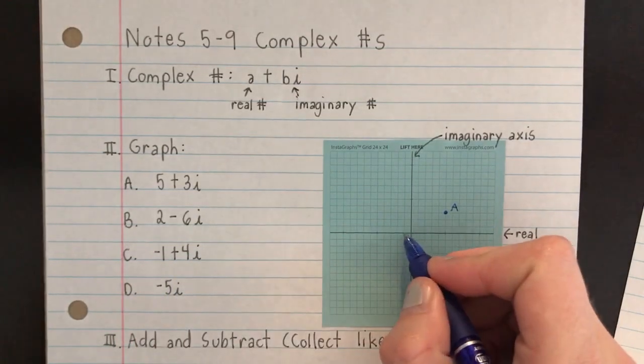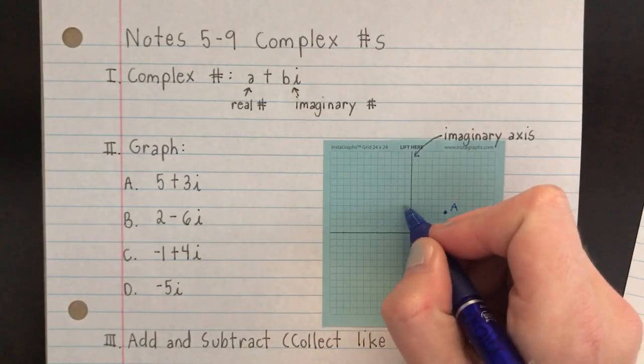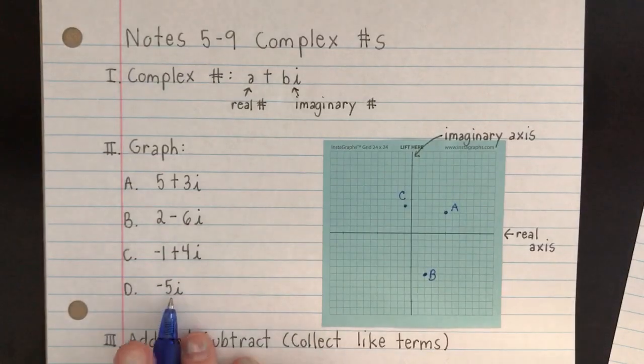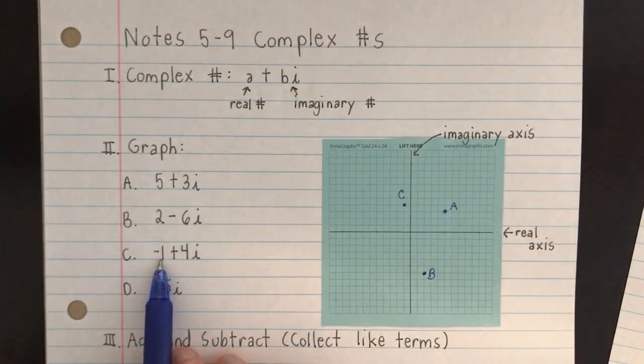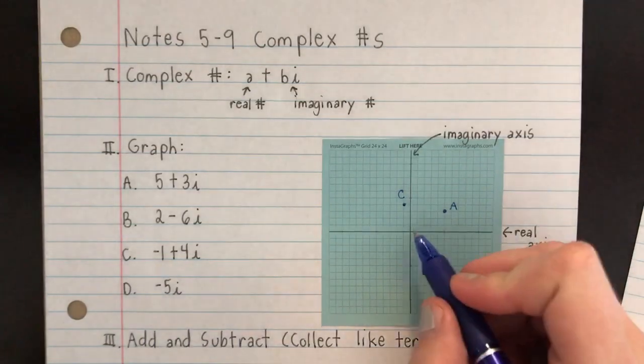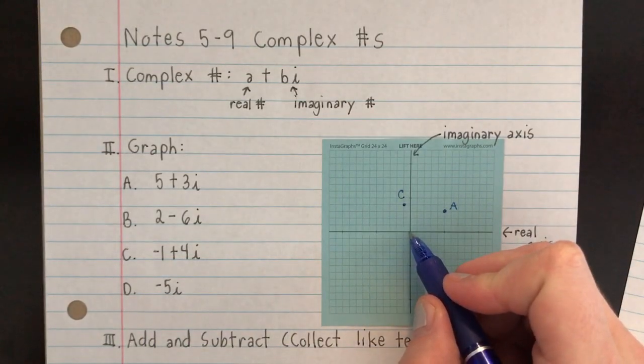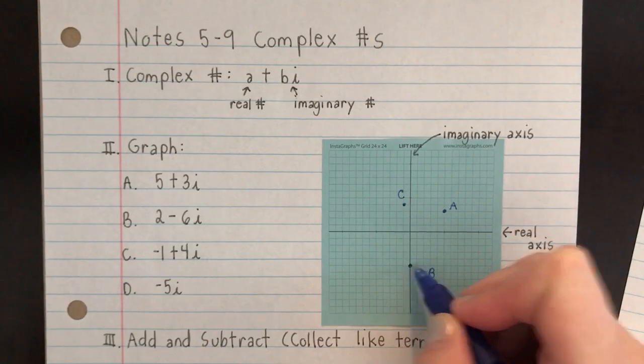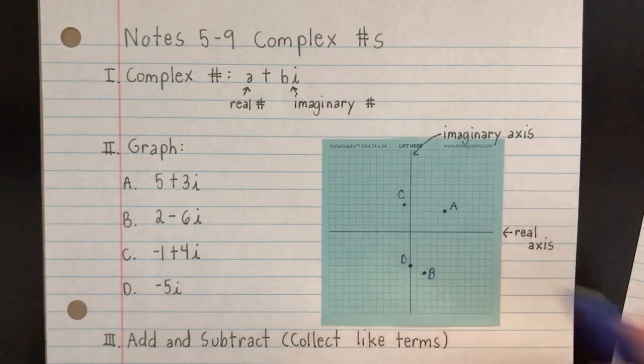So it would be like the point (-1, 4), up 1, 2, 3, 4. So that's point C. Last but not least, point D does not have the real part, it just has the imaginary part. So it would be (0, -5). So I wouldn't go left or right any, and I'd just end up going down 1, 2, 3, 4, 5. And that would be point D.